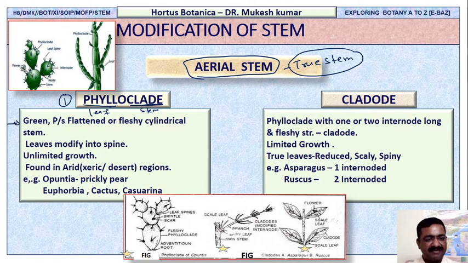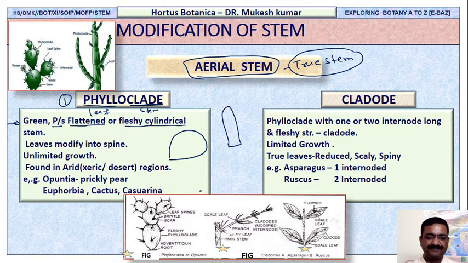First point: it is green, photosynthetic. Either it is flattened or it is fleshy cylindrical. Mind well. Either flattened, so it will be flat, or it may be a cylindrical structure.